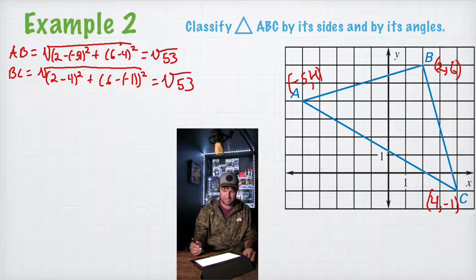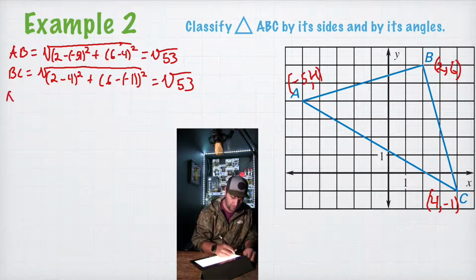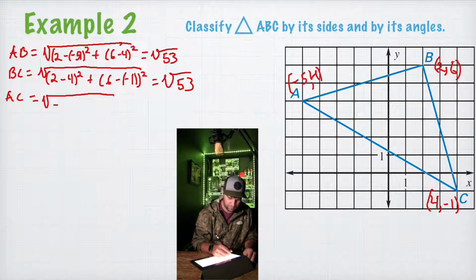Let's see if AC is going to equal that. So, AC is going to equal the square root of -5 minus 4 squared plus 4 minus minus 1 squared.